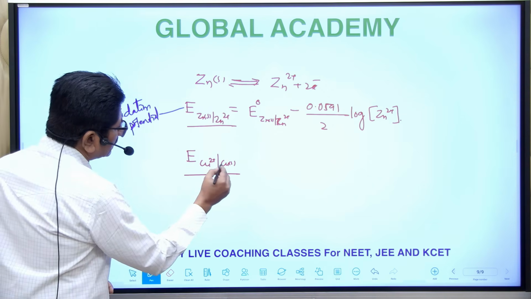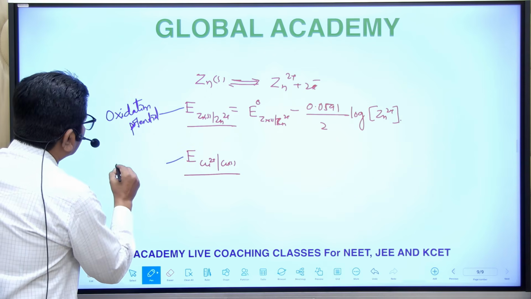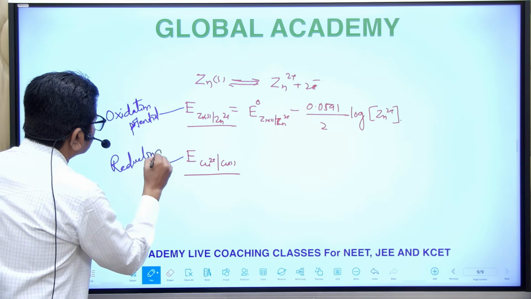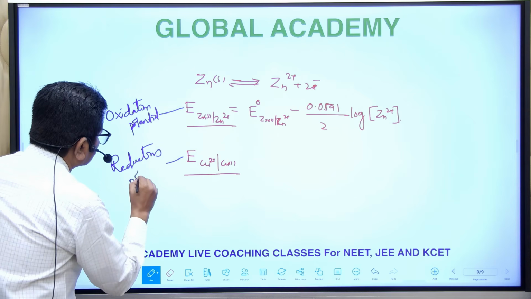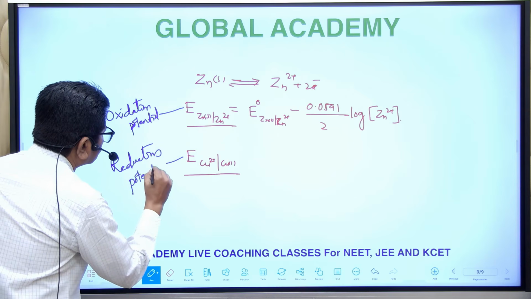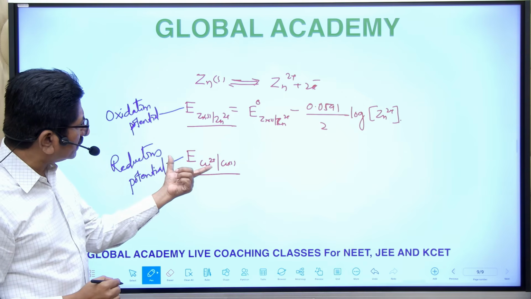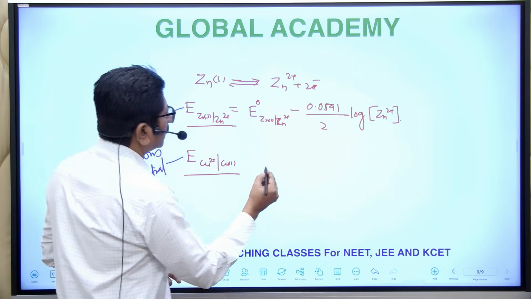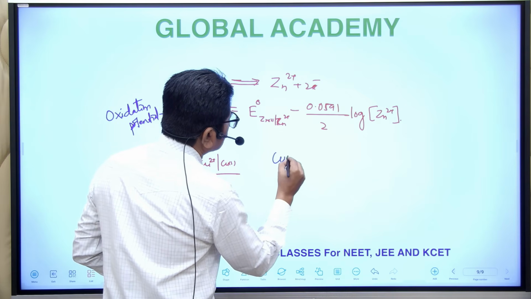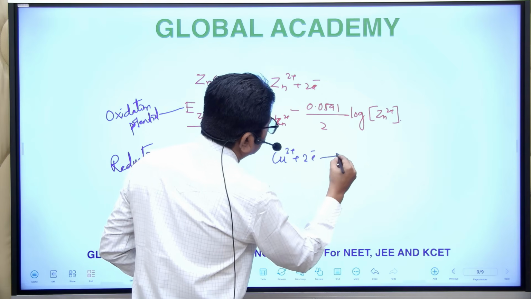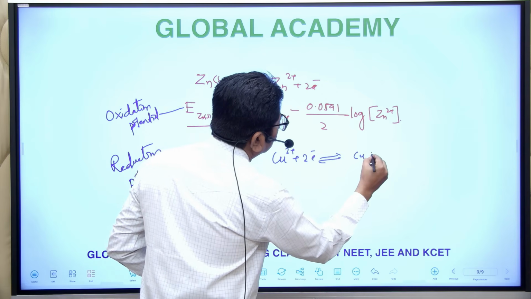Here, if you see this representation, this is a reduction potential. The reaction I had written is copper 2+ plus 2 electrons gives copper solid.